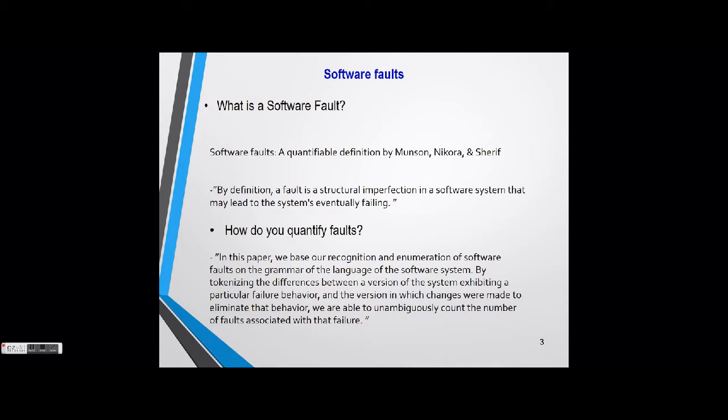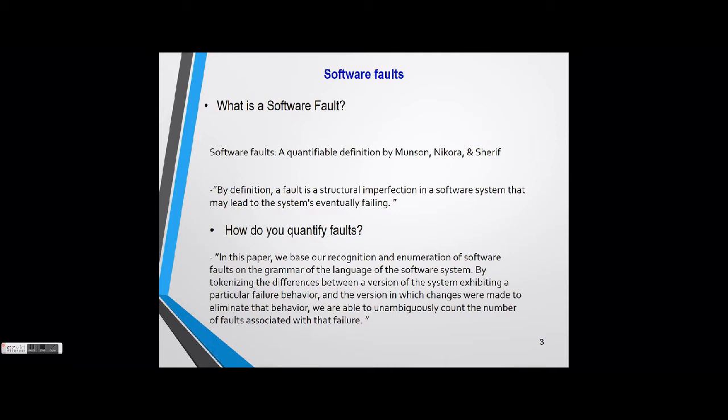within the language itself. It says, by tokenizing the differences between a version of the system exhibiting a particular failure and a version in which changes were made to eliminate that behavior, we're able to unambiguously count the number of faults associated with that failure. That's an interesting point, because this paper doesn't estimate the number of faults that could exist within a system.